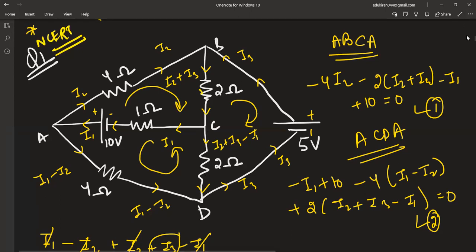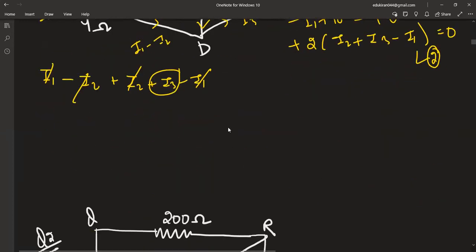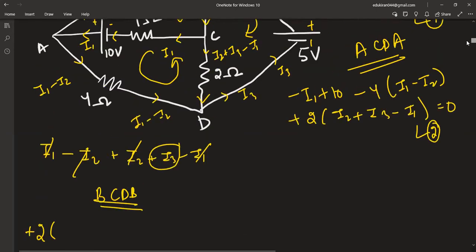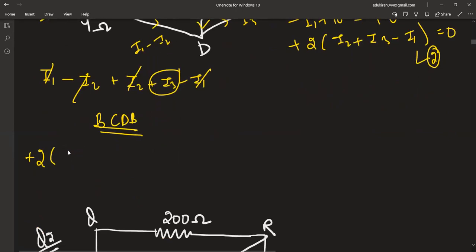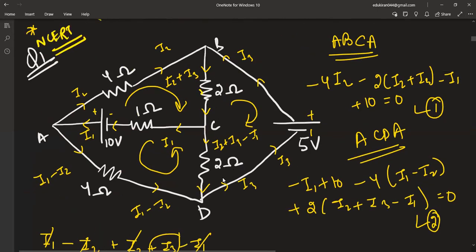In this branch, let me make the loop name. Loop is B, C, D, B. So 2 plus 2 we will take. What is the current? I2 plus I3 minus I1, because we are moving opposite to the direction of current.